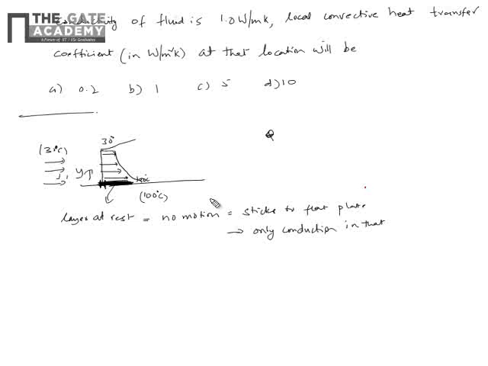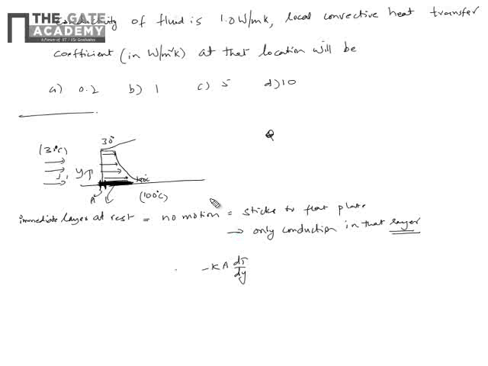So the heat transfer that takes place in that immediate layer is only by conduction. The heat transfer through that layer is minus kA dT by dy, where A is the area normal to that direction.